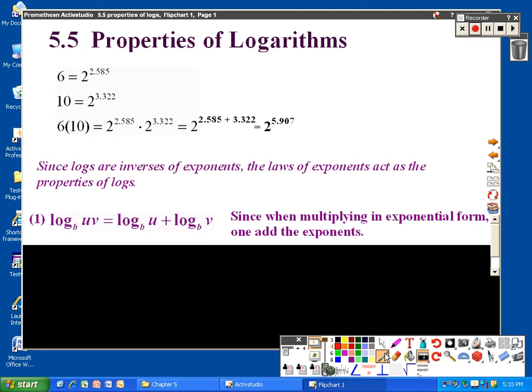Now likewise, if I took 6 divided by 10, it would be 2 to the 2.585 divided by 2 to the 3.322. When I divide, it means I subtract my powers. So then I would get 2 raised to the negative 0.737, and that should be 3/5.